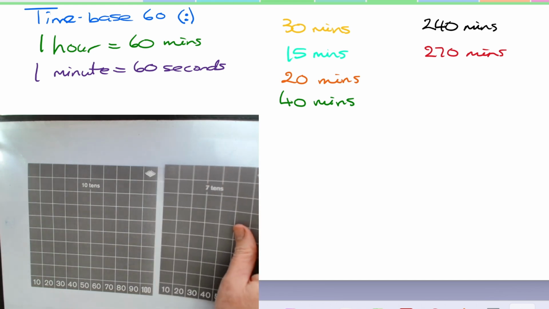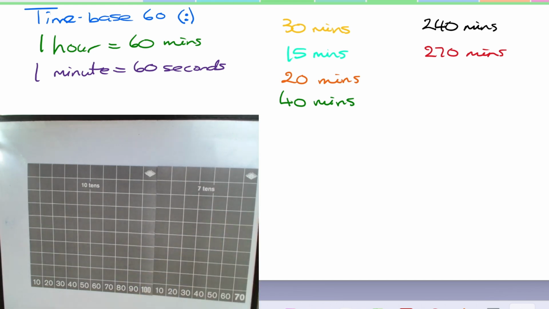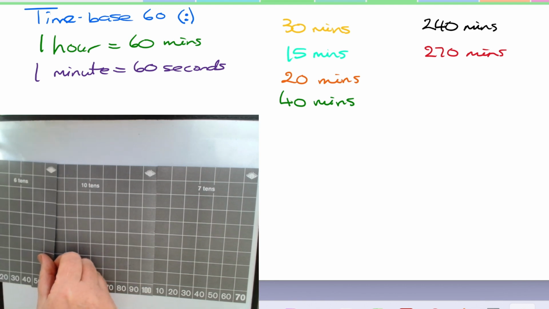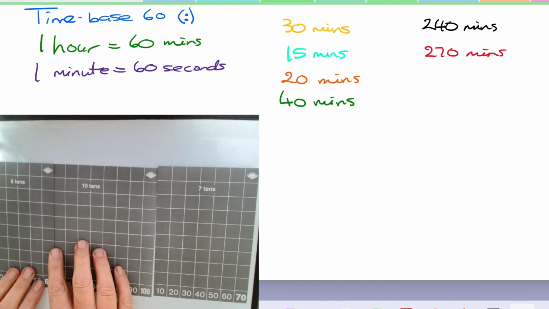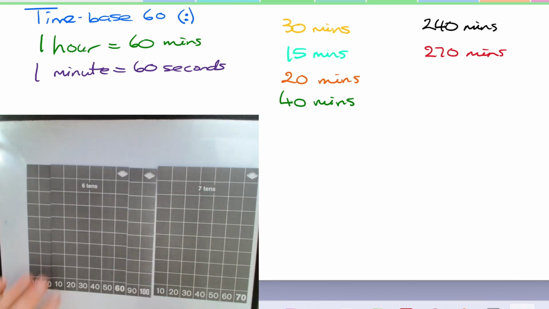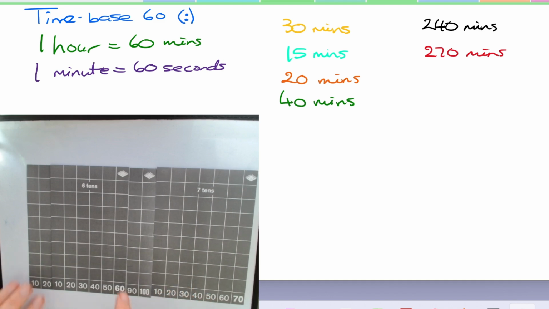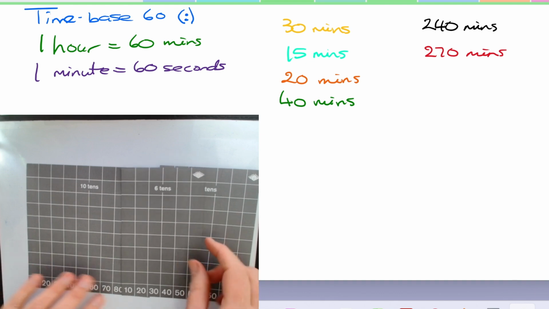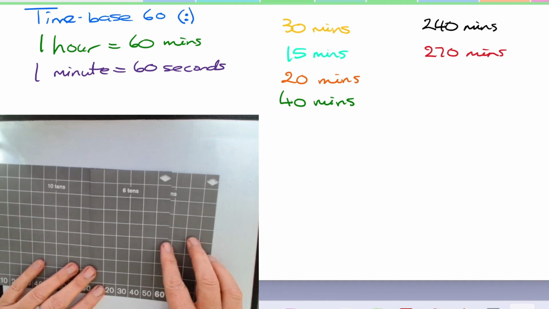If I was saying 270 minutes or 270 seconds, I would have counted 1 for the first 60, then to 120. Then I would go to 180. And the next one would be 240, which we've already done.